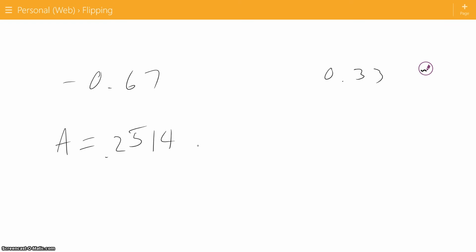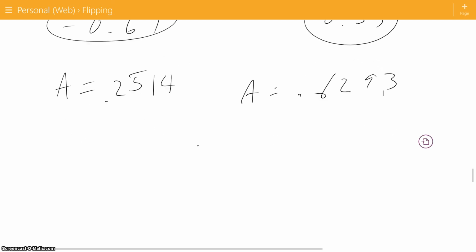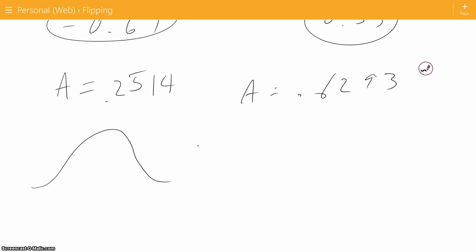And if I do the same thing for 0.33, that gives me my area under the curve would be 0.6293. So over here I've got something like this, and there's my mean, and then I'm looking at the area maybe about right here. Okay, those are the people that are less than, we said 30 hours. So 30 would be right there.